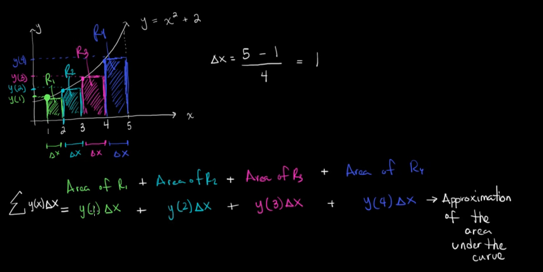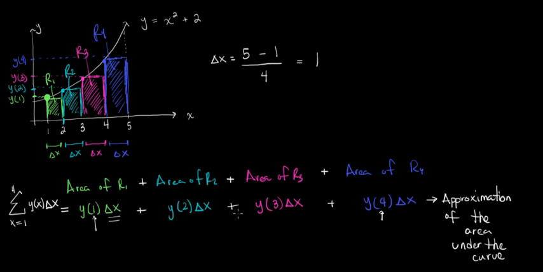It's y of 1, y of 2, y of 3, and each of those is being multiplied by this delta x. So it looks like our function here would be y of something times delta x, and it looks like x is going from 1 all the way to 4. And so what we have here is a sum of different terms. Now we can go ahead and evaluate this and finish off this problem.